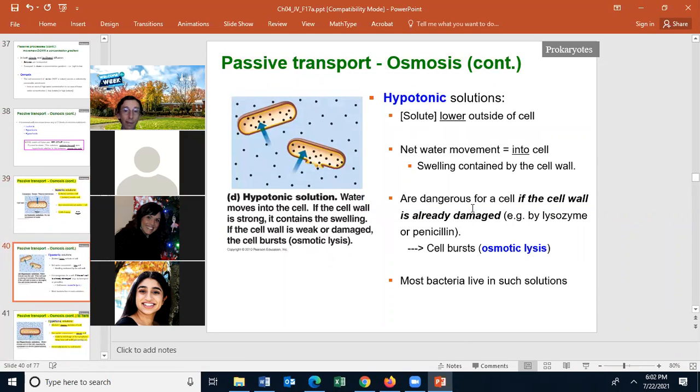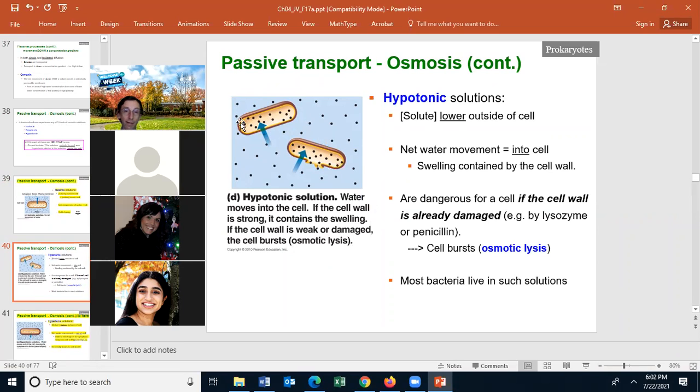The cell can also be in a hypotonic solution. That's where the solute concentration is lower outside the cell than inside the cell. That means water will move into the cell.